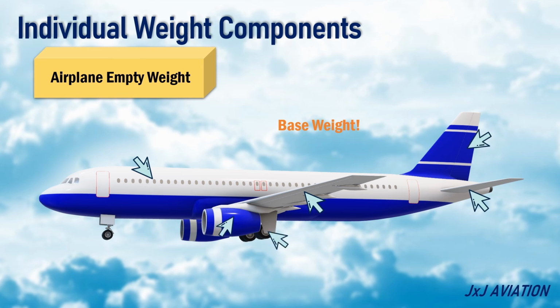It also includes the aircraft's engines and the systems required for running the engine. The essential aircraft systems, for example hydraulics, flight controls, electrical, are also part of the empty weight. This weight is important because this is the minimum weight of the aircraft. The other weight components are added to this empty weight.